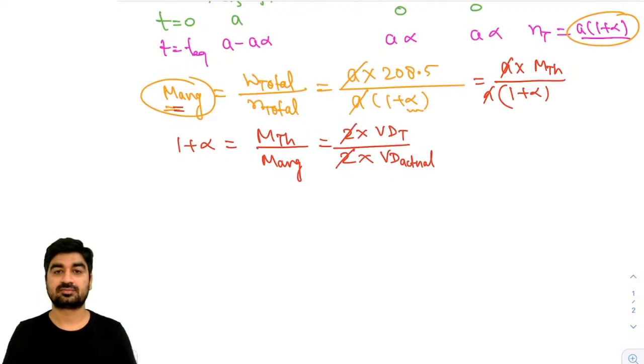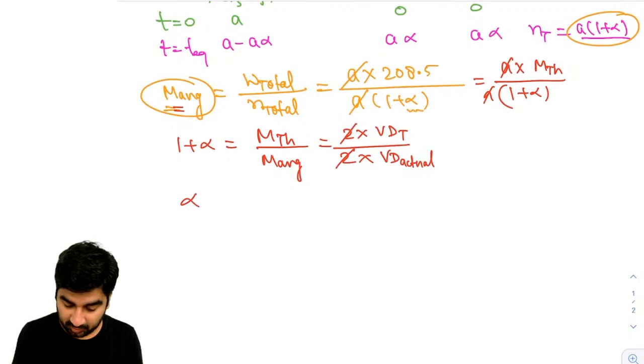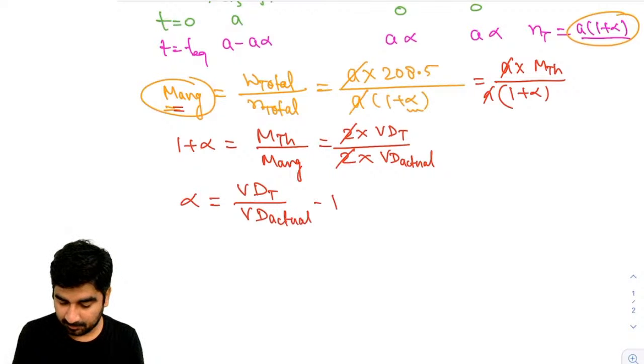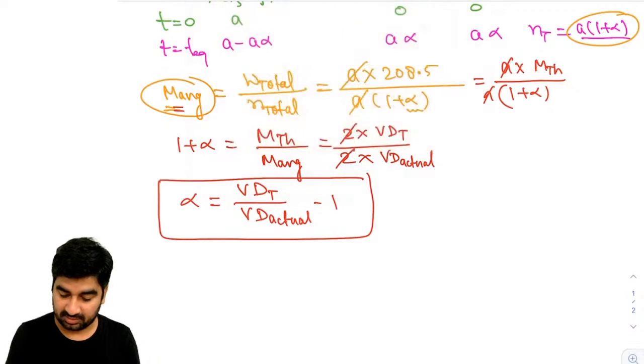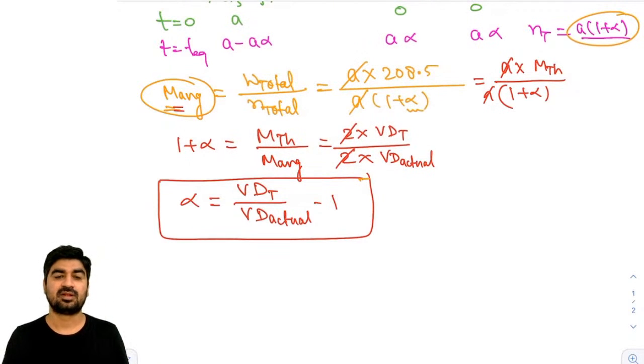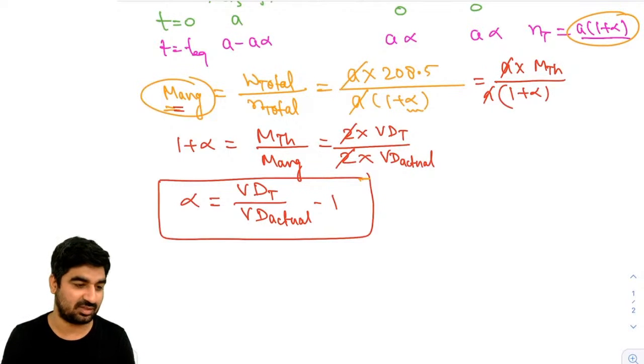Cancel the 2, and from here you can get alpha: vapor density theoretical over vapor density actual, minus 1. Any doubt, guys? You can find M average, you can find actual vapor density, anything you want.